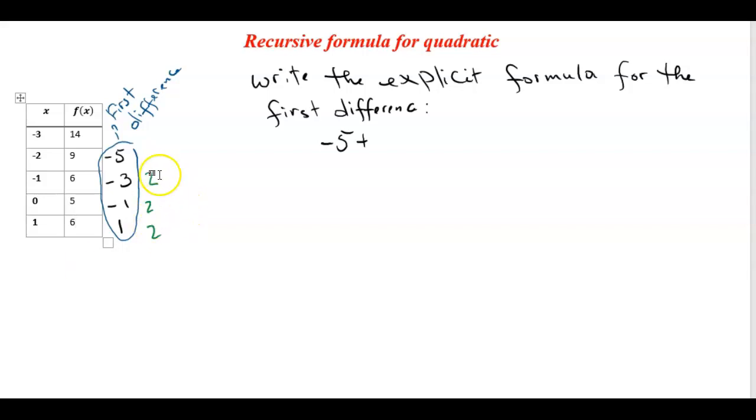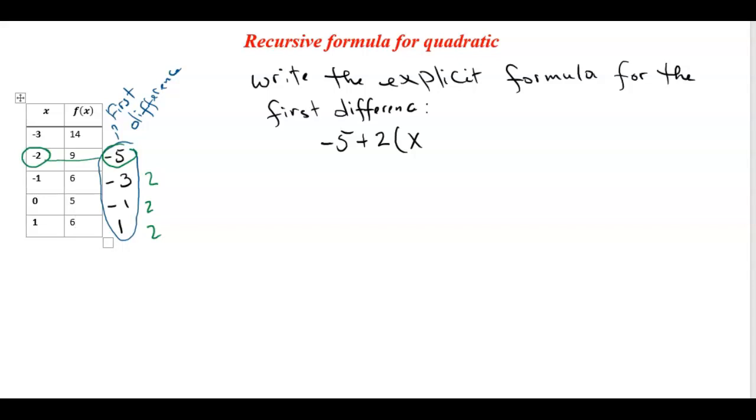Now the common difference in this case is 2, so that's always the second difference. Times x minus, now the first number we used was negative 5, and that negative 5 is part of the second term, so that's negative 2.